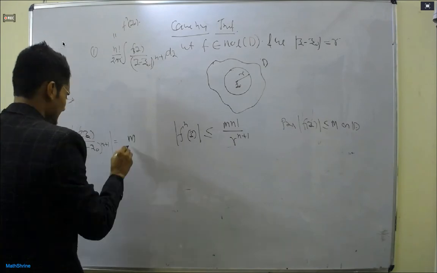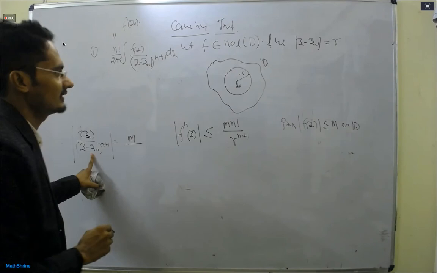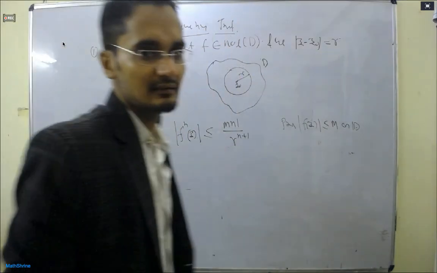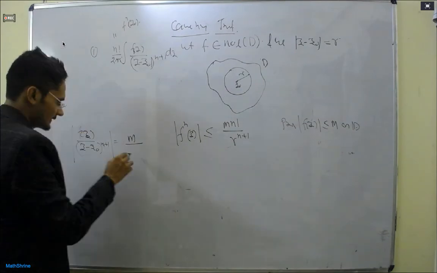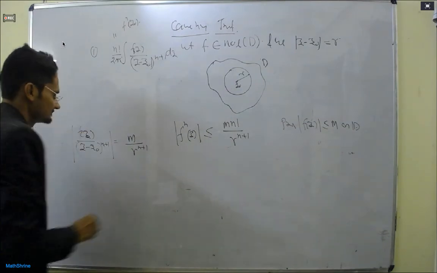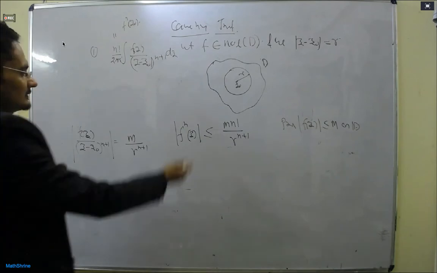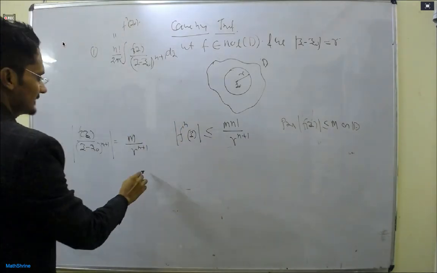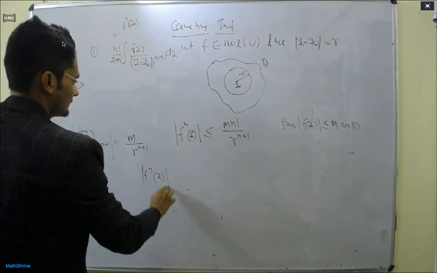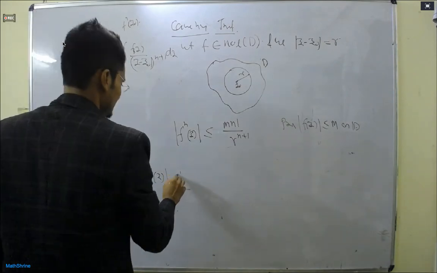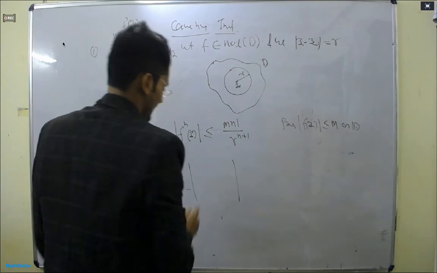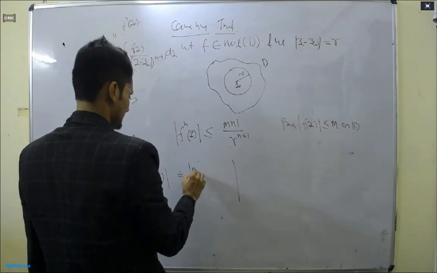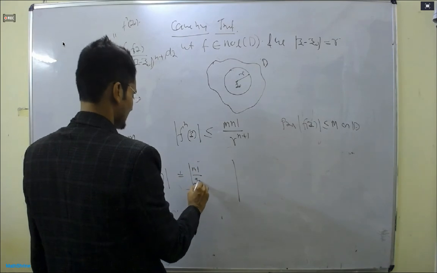Now you can apply the formula here. What will be the mod of the nth derivative at z naught? The mod of n factorial upon 2 pi i times the integral of f(z) upon (z minus z naught) raised to the power n plus 1 dz. Now we take the mod inside. You are aware this is a very basic integration, right?